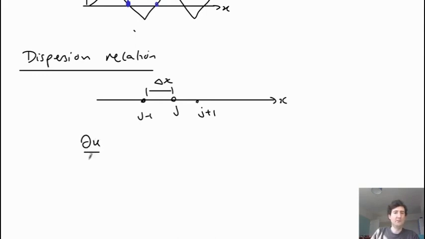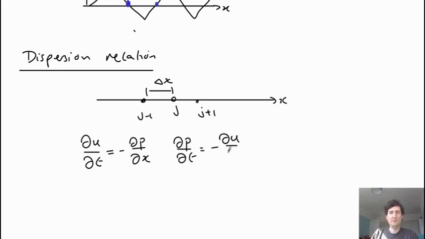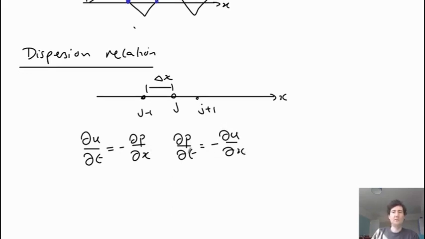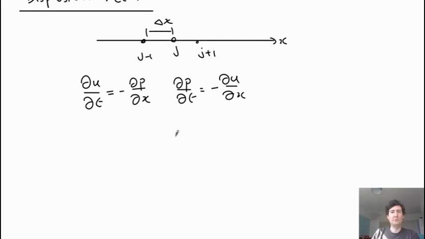So this is du by dt, which depends on the pressure gradients, and the pressure is just the compression. So dp by dt is minus du by dx. So it's a very simplified form, but it still has a wave. So this should have a wave with velocity, velocity is just 1.